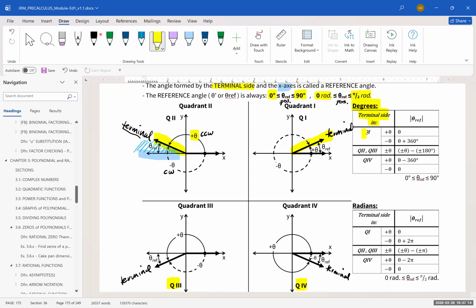If the terminal side is in quadrant 1 and the angle you're working with is positive, then the reference angle is just going to be that angle. If you're in quadrant 1 and the angle is negative, so that would look something like this, where your angle is negative but you end up in quadrant 1, then this is the formula you're going to use.